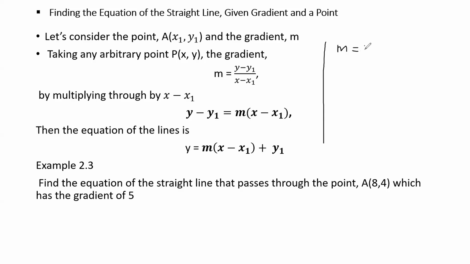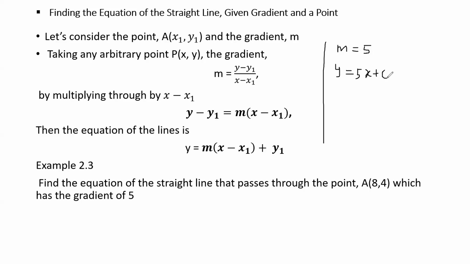So we can put this into the formula y equal to mx plus c, using the point A, so that becomes y equal to 5x plus c. So this one is far simpler than what we did. Is that not true? Yes, sir.